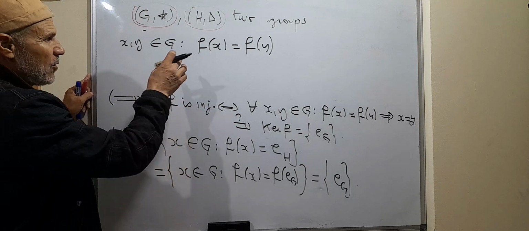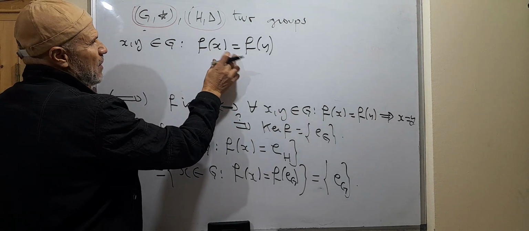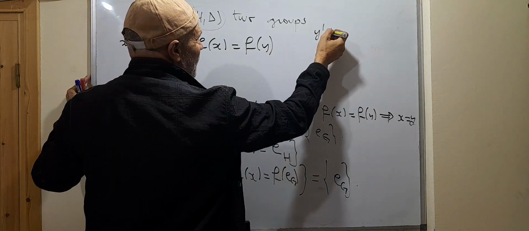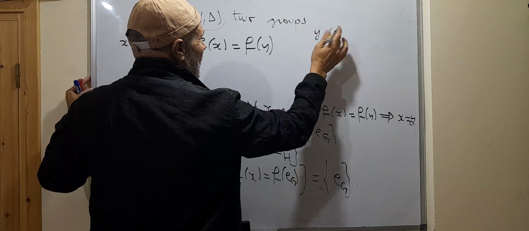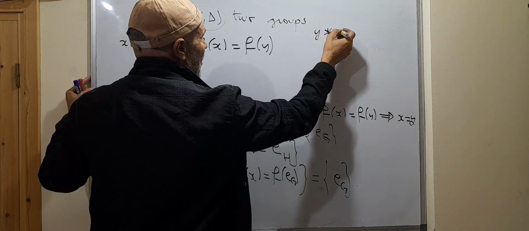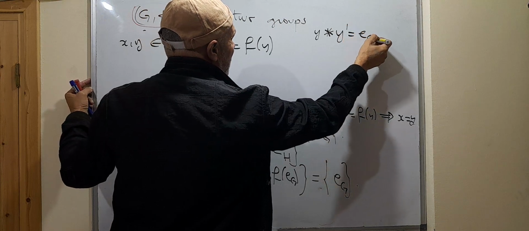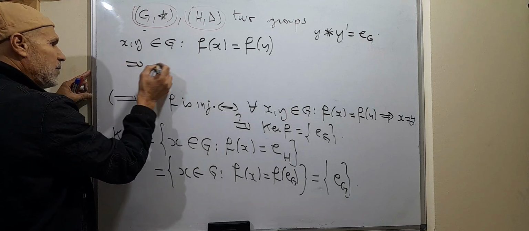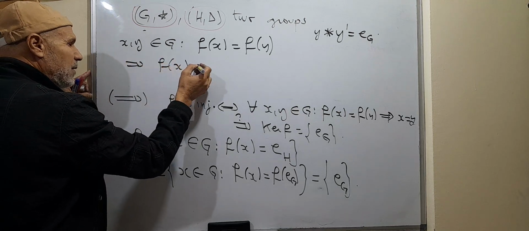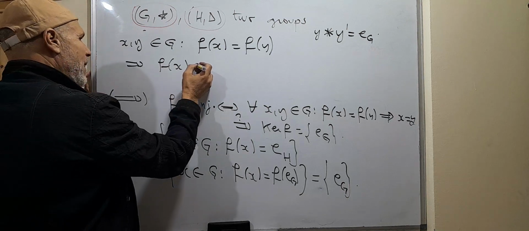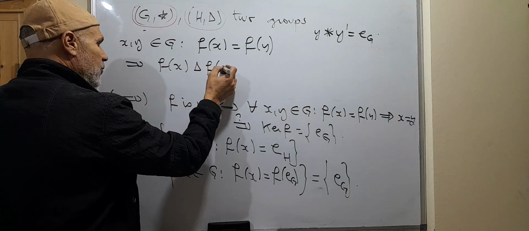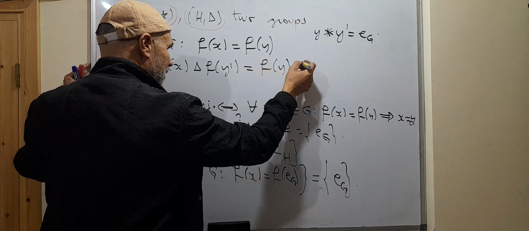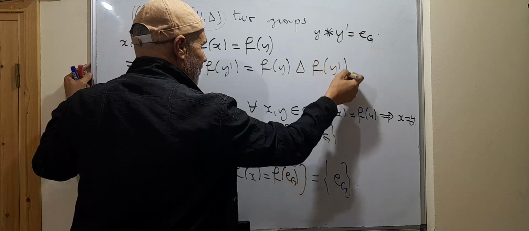We can compose each side by f of y prime, where y prime is an element such that y * y prime equals the neutral element of G. So f of x Δ f of y prime is equal to f of y Δ f of y prime.